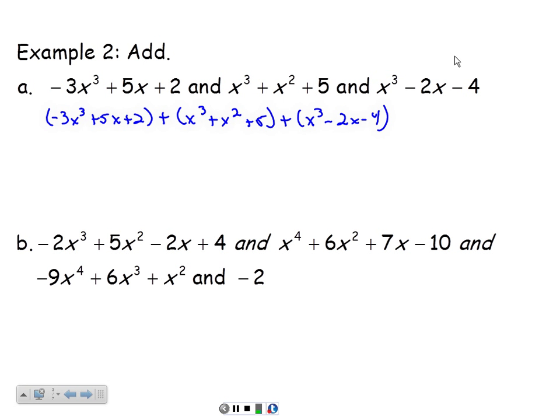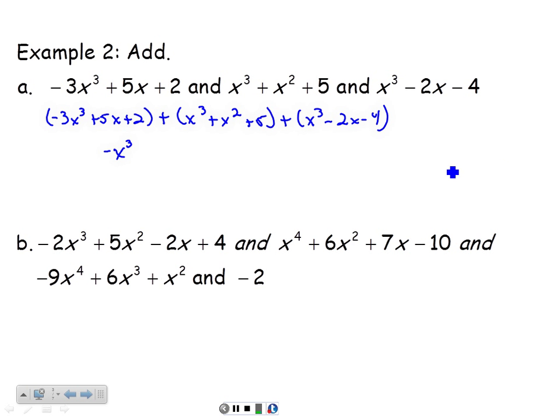So once you get it set up, just find the like terms out of each group, starting with the highest exponent first. So I see x to the third. I have negative 3x to the third plus 1x to the third plus 1x to the third. So negative 3 plus 1 is going to be negative 1x to the third. And you can put the 1 if you want.